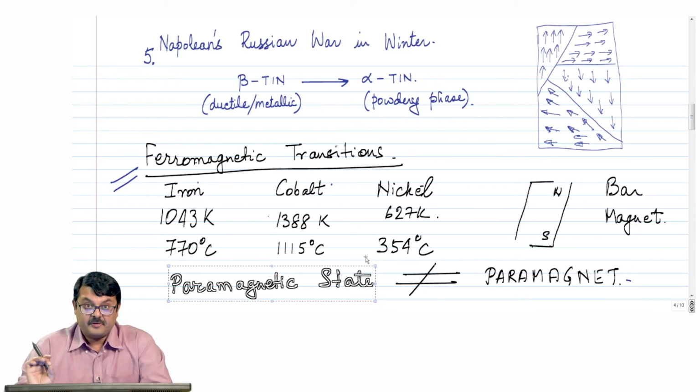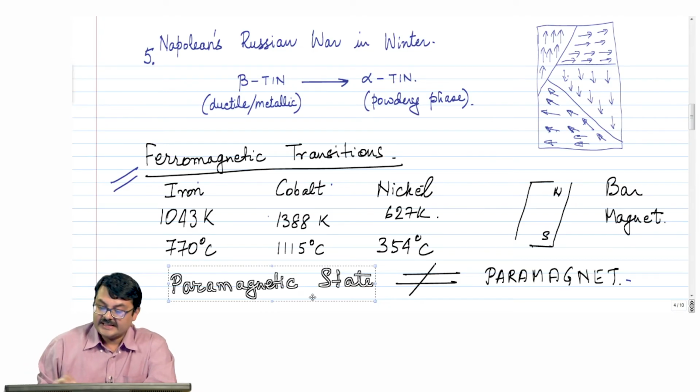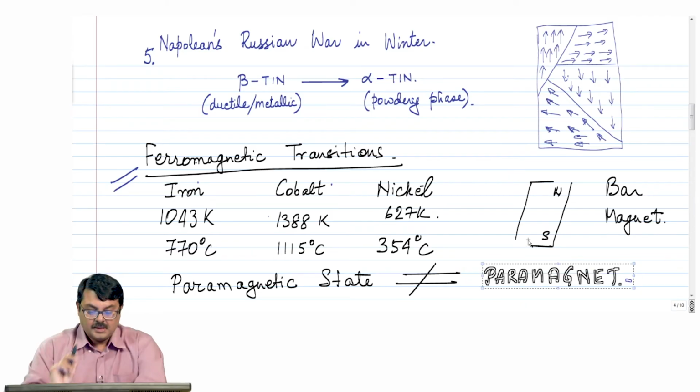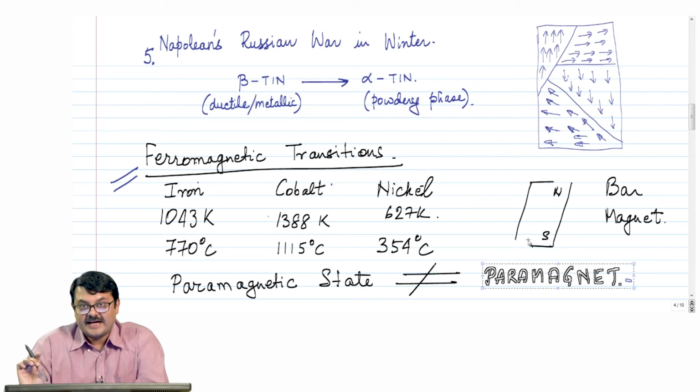Now, I want to clarify and emphasize that a paramagnetic state is not the same as a paramagnet. In a paramagnet, there is no effective interaction between the spins, and it does not show any net magnetic moment at any temperature unless you switch on an external magnetic field.